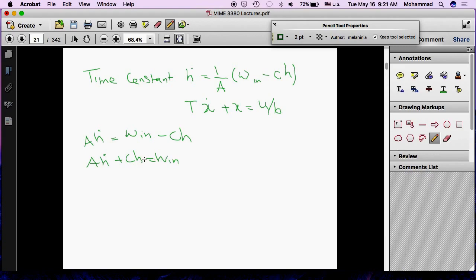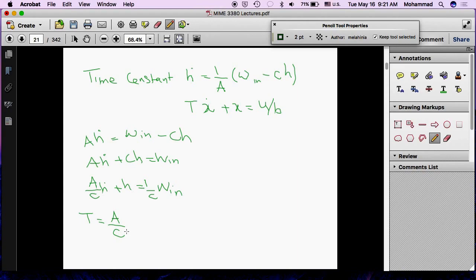Now, in our case x is H. What we need to do is to make the coefficient of x to be 1. That's the key point. So you need to divide by C. So A over C H dot plus H is equal to 1 over C Wn. So from here you can see the time constant is A over C.